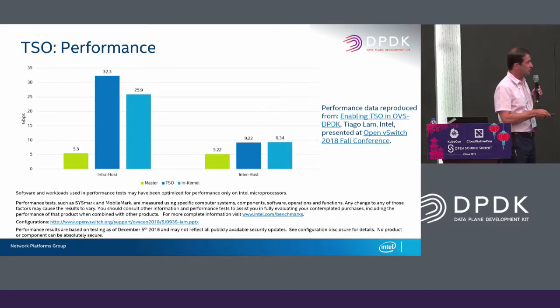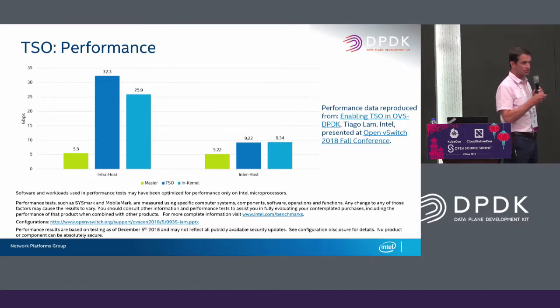So what this is showing is the yellow-green bars are OVS without TSO. The dark blue is OVS DPDK with TSO, and the lighter blue is the OVS kernel. This is the intra-host, so this is going from VM to OVS DPDK to VM within the node.